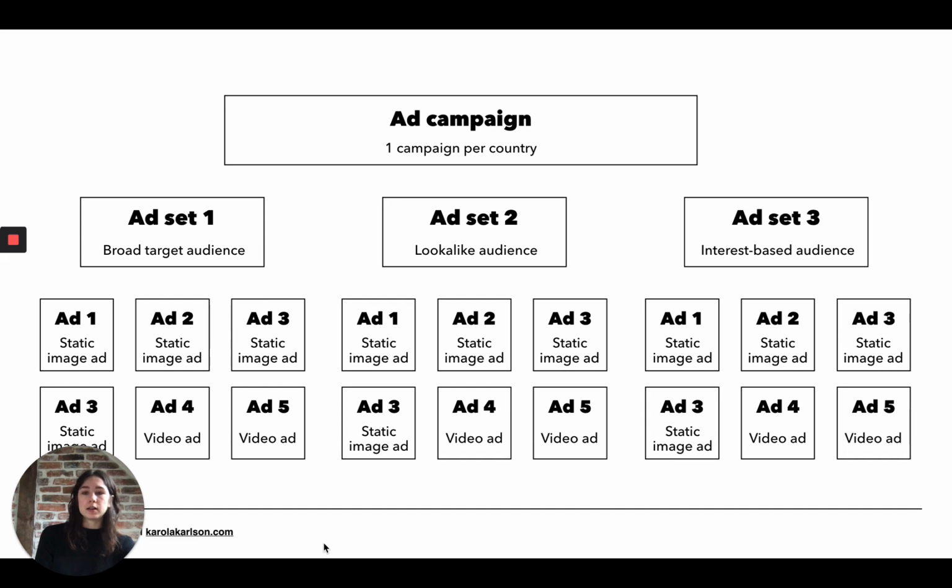And after a while, you can pause the least performing ads and then add another set of new creatives on top. I would really recommend to keep updating and adding the ads to existing ad sets, not to set up new ad sets or campaigns every time you want to add new creatives. That's because Facebook optimizes campaign delivery on ad set level.